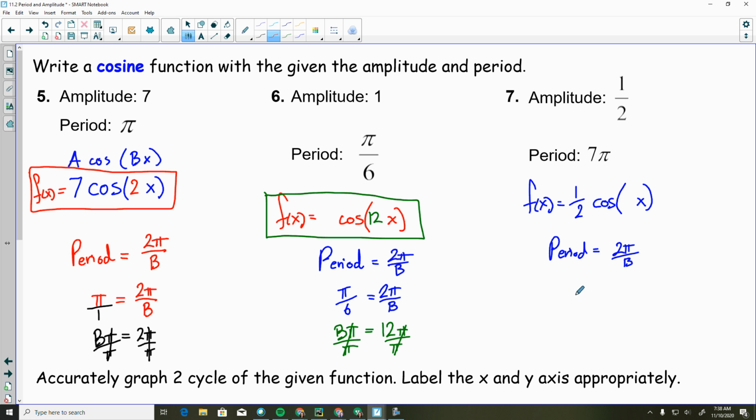So if my period is 7 pi, I can put a 1 underneath the 7 pi, so I can use that to cross multiply. So I get 2 pi equals 7 pi times b. If I divide both sides by 7 pi, the pi's cancel. I get 2/7 for my b. So this is 2/7 there.